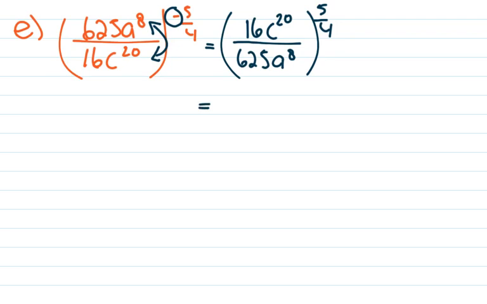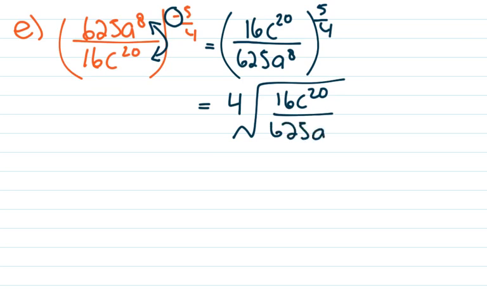So now I'm going to take the fourth root of 16c to the power of 20 over 625a to the power of 8 and raise it to the power of 5. All right, so the fourth root of 16 is 2, because 2 to the power of 4 is 16.